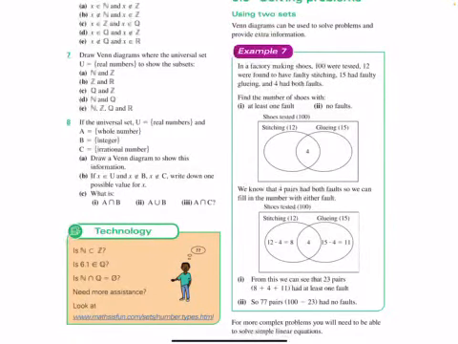Correct. Yes. They do not give you all the ones that have only one fault. They give you all of them.